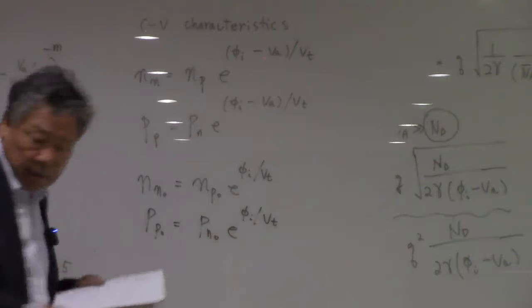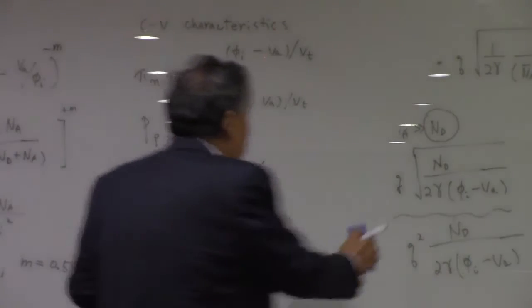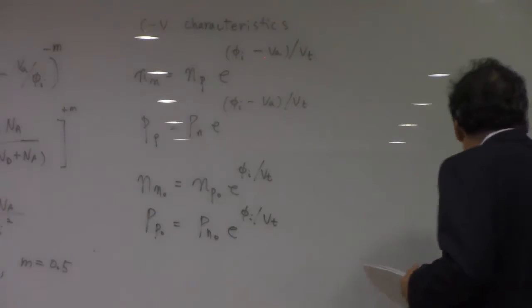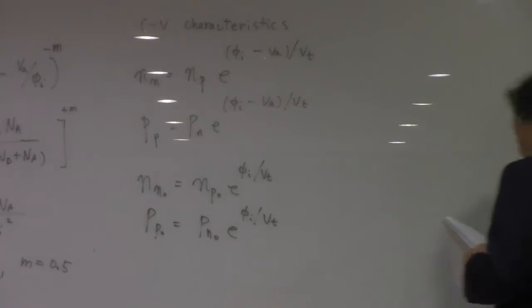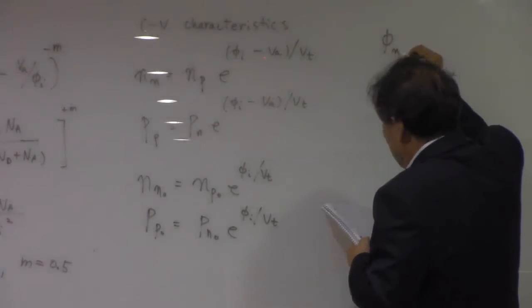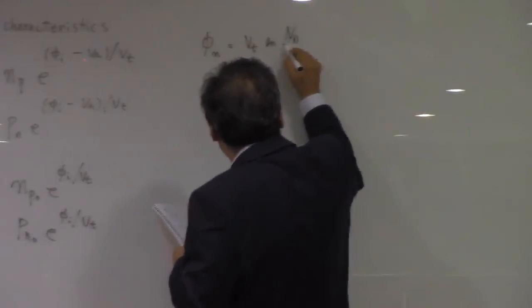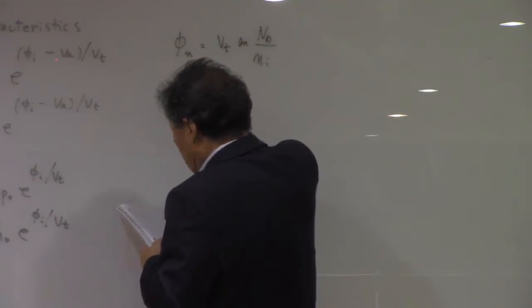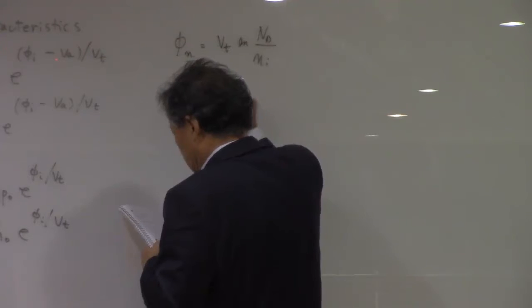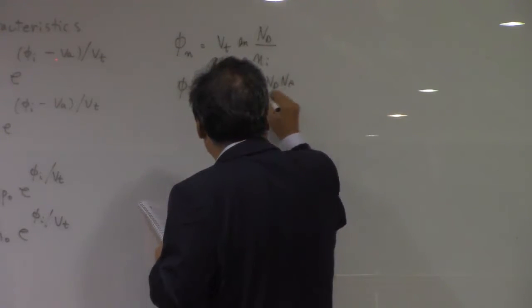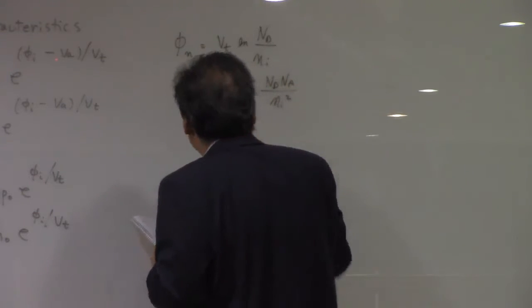All right? And phi_n is Vt ln Nd over Ni, and phi_i is Vt ln Nd Na over Ni squared.